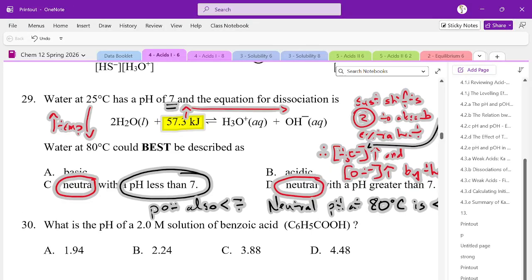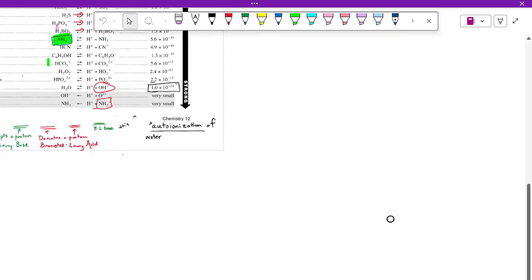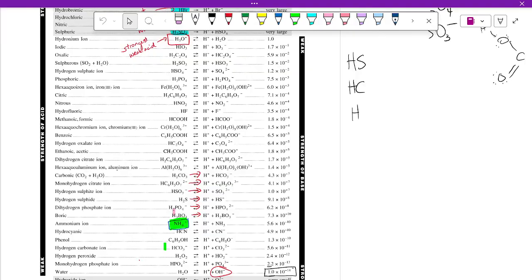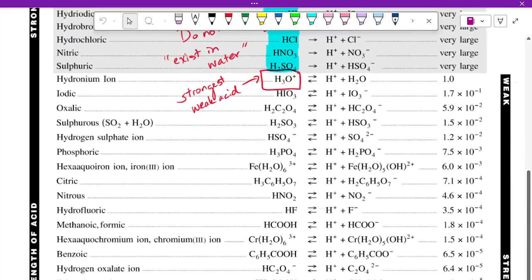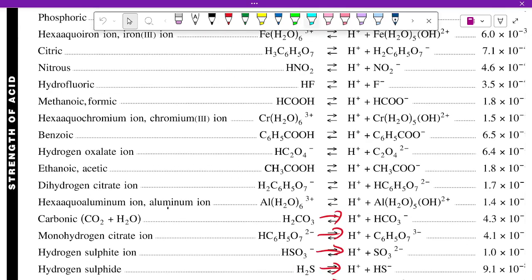So we can go to our data booklet and look it up. It is right here. So what is its conjugate base? That is its conjugate base, because the conjugate base is always on the other side.